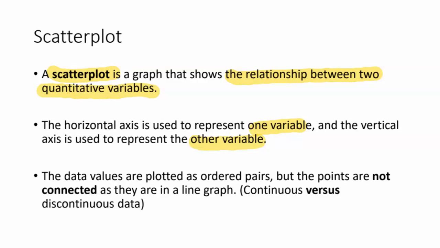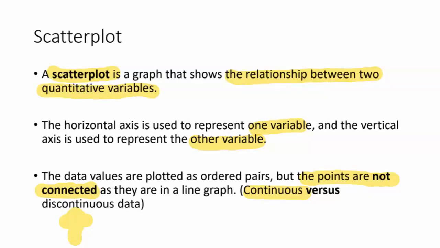Now, this is most important. The points are not connected, because we have line graphs that are continuous, which was the first type of line graph we did. We connected the dots. But this one is going to bring about some discontinuous data. We can't connect them.